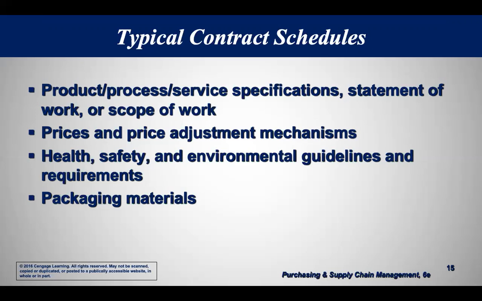Stuck at the back, Schedule A, Schedule B, or Attachment A, or Annex A, Annex B, call it whatever you like. If the pricing is very detailed, you might have a whole bunch of different things with different prices, and there might be ways of adjusting the prices. So the pricing might be complicated. It isn't just a single item. You put all that in the back of the contract too.